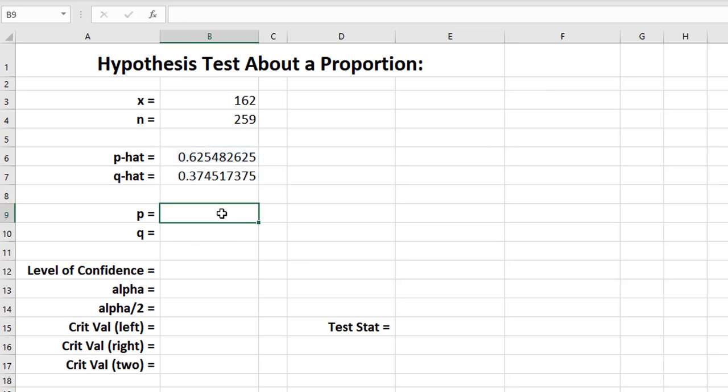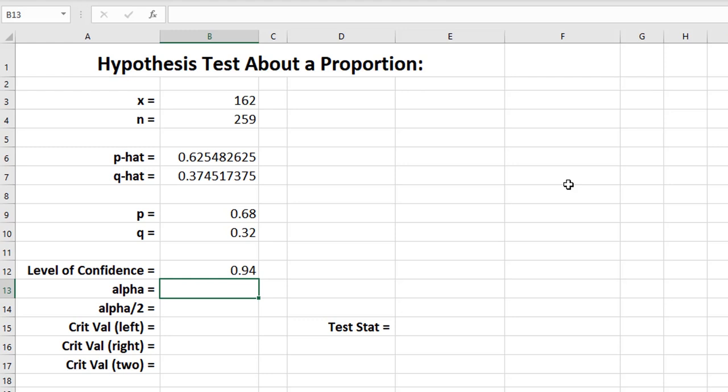Remember, P is what we explain as innocence or the truth unless this study proves otherwise, and it was 68%, so we would type in 0.68. Q is equal to 1 minus whatever P is. My level of confidence for this problem is 94%, but I will express it as a decimal.